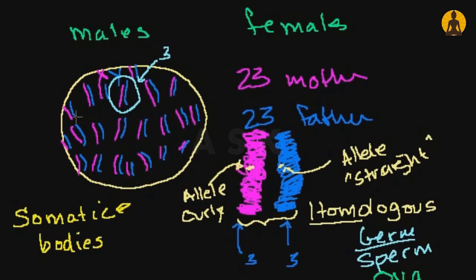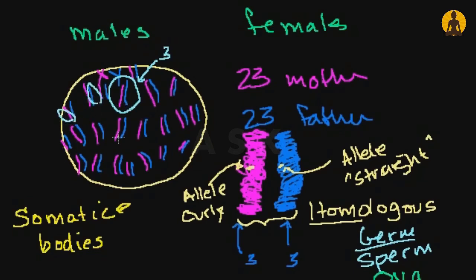I'm going to contribute one for each homologous pair. I'm either going to contribute the one that I got from my mother or the one that I got from my father. So let's say the sperm cell that went on to fertilize my wife's egg just happened to have that one.